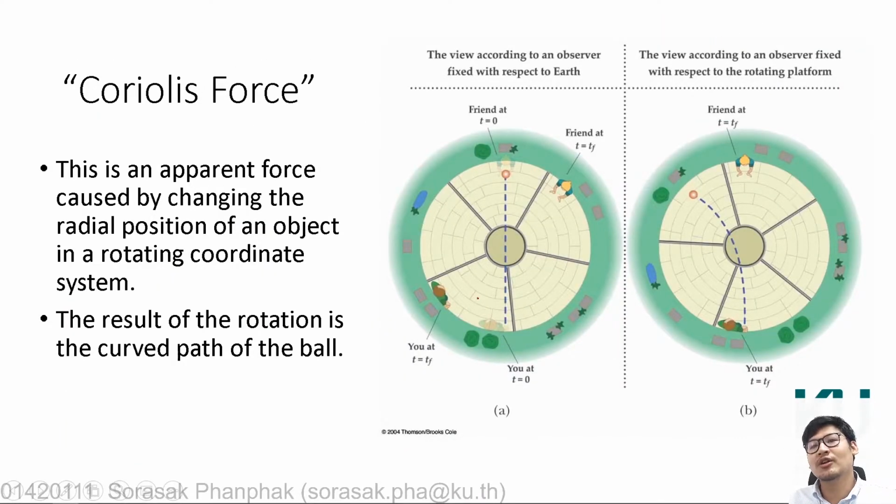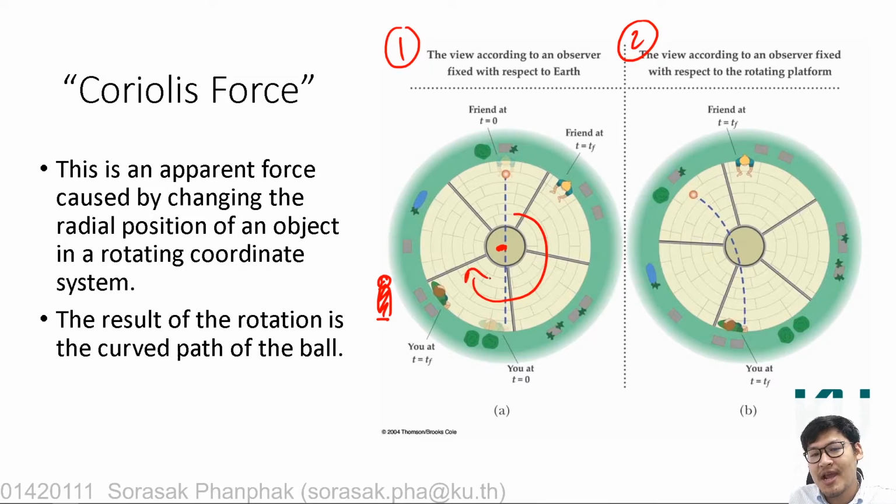Another force is the Coriolis force. This force happens when you have a different field of view or frame of reference that you observe from. If you're a guy sitting on the earth, this is the ferris wheel, a wheel that can be rotated. If you sit outside of this system, when the guy sitting on the wheel tries to throw this ball outward to another guy, what you see is linear motion, independent of the rotation.